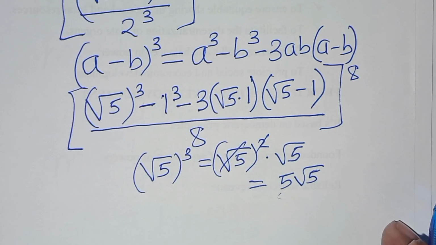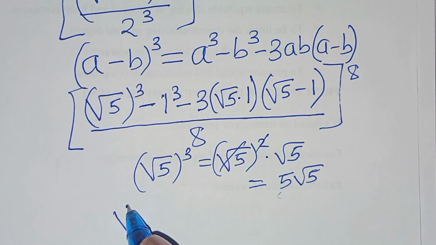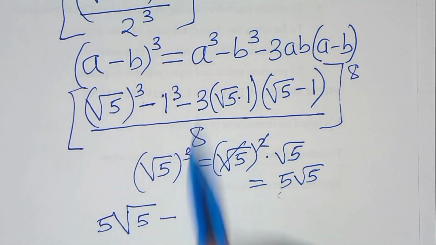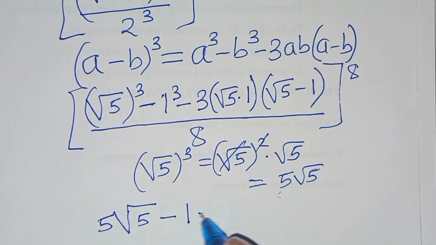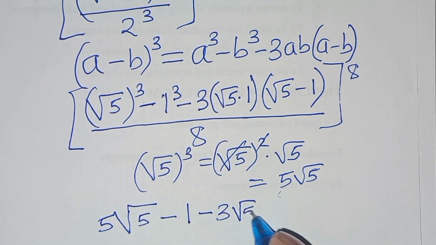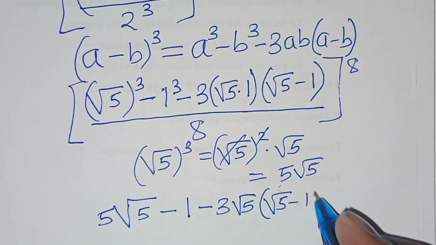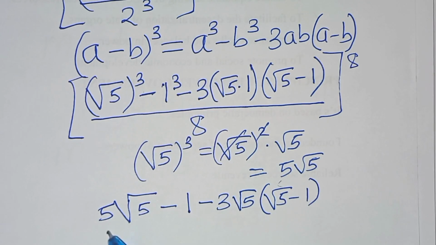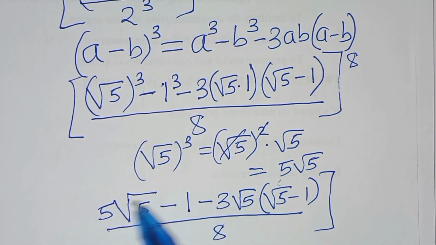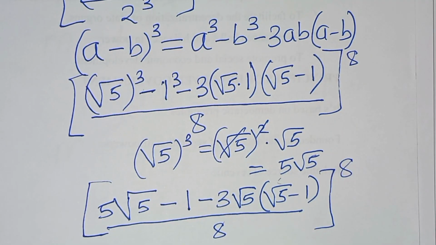So substituting this, we'll have 5√5, subtract 1 cubed, which is 1, then subtract 3√5 multiplied by (√5 − 1), close the bracket, and then divided by 8, everything here raised to power 8. So let's proceed from here.